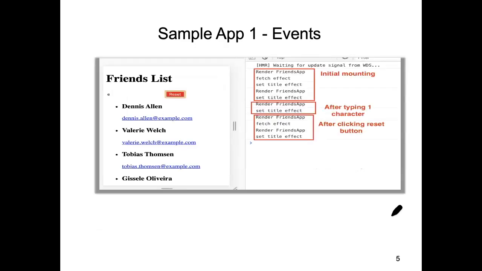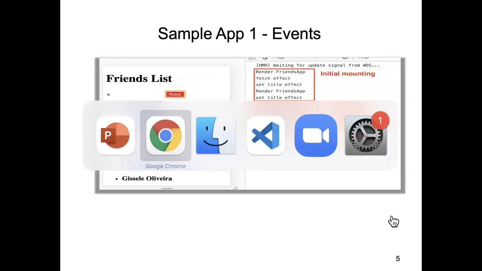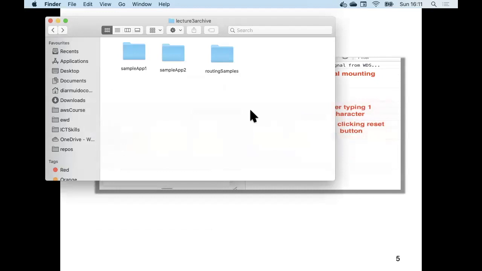So let's look at the code first, I suppose, before I discuss that slide in front of us. And it's going to be this folder from the archive that you've downloaded.